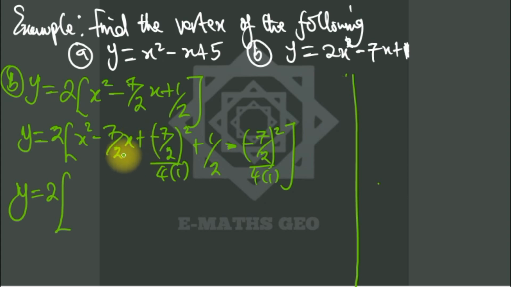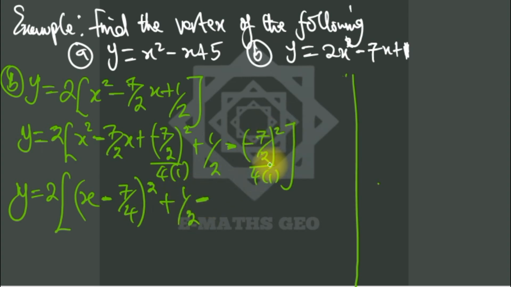X squared minus 7 over 2x plus this is a perfect square, and it will turn to square root of x squared is x. Square root of this, square root of 7 over 2. So remember, it's minus because of this minus 7 over 4 all squared. So why this? We just expand. We open up.